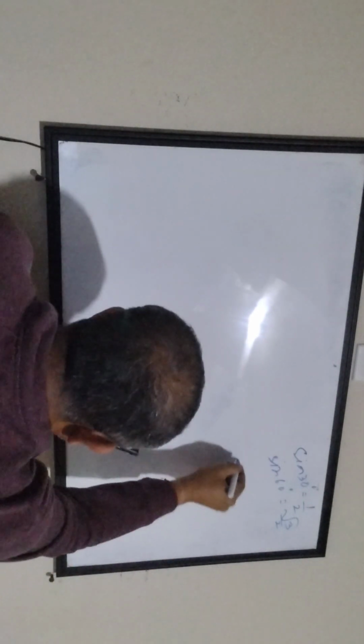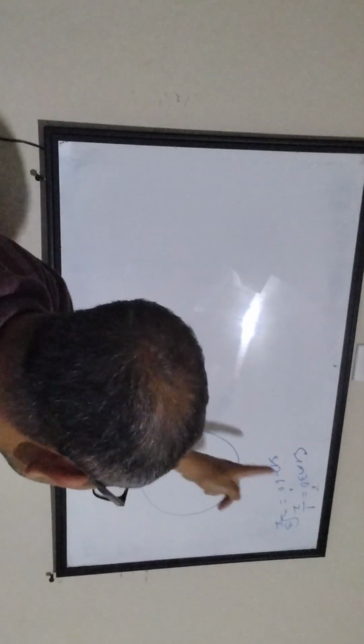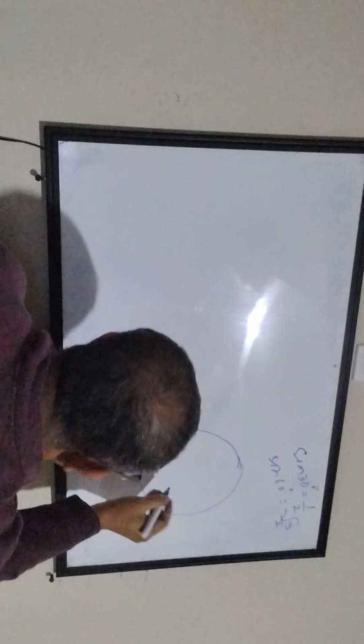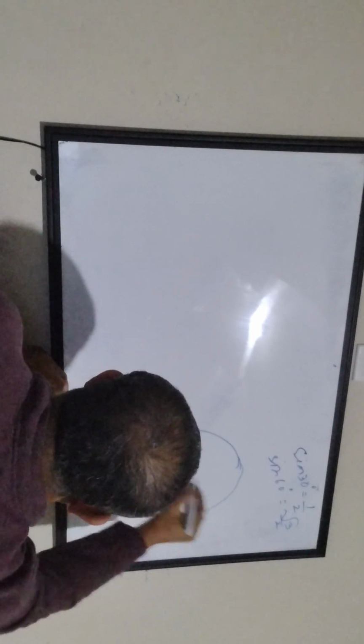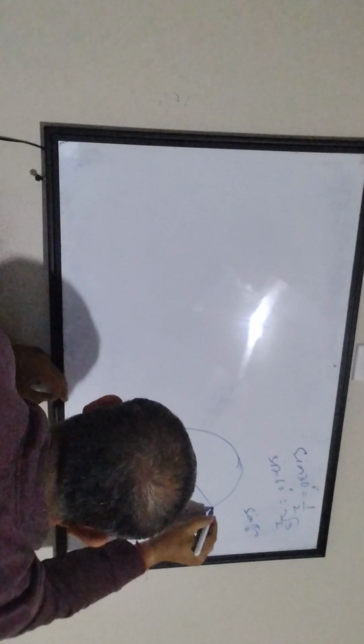Okay. Now, when we look at the unit circle and use this concept, this is your radius, and let's say you're talking about sine pi by 6, which is nothing but sine 30 degrees. So you are making a 30 degree angle.